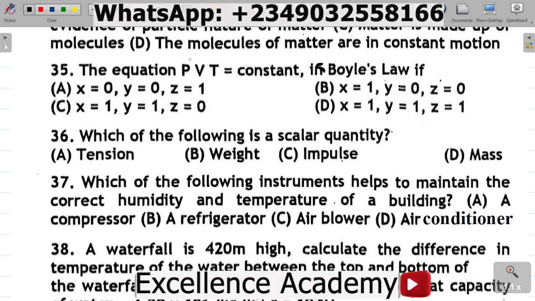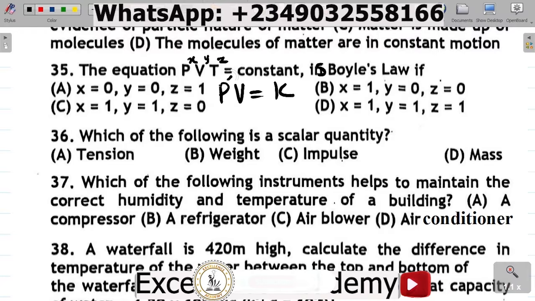Of course, this should be P to power x, V to power y, T to power z. This is how it should be, right? The equation P to power x, V to power y, T to power z equal to constant is Boyle's law if, of course, I want to get PV equal to constant. The power of P here should be 1, the power of V here should be 1, and there should be no T.